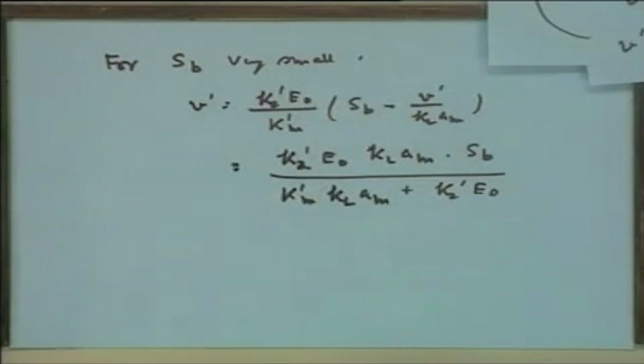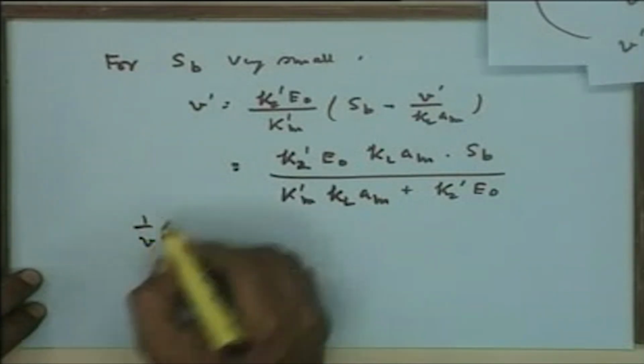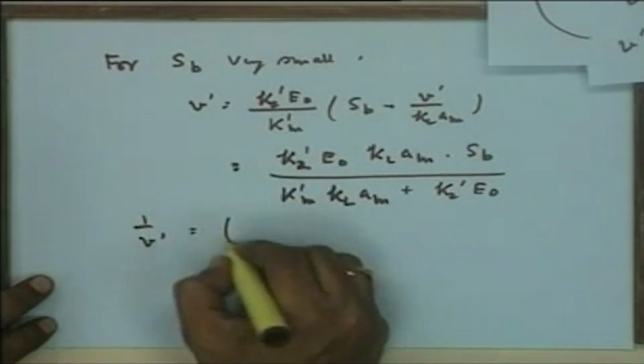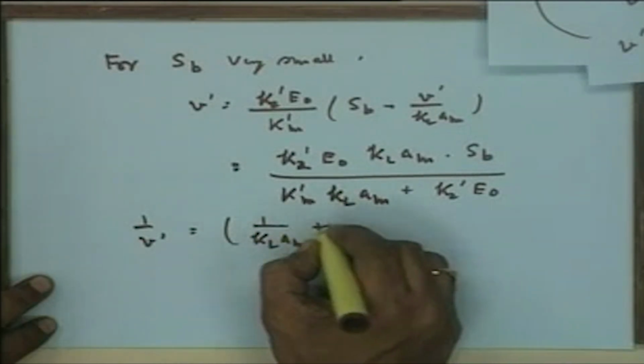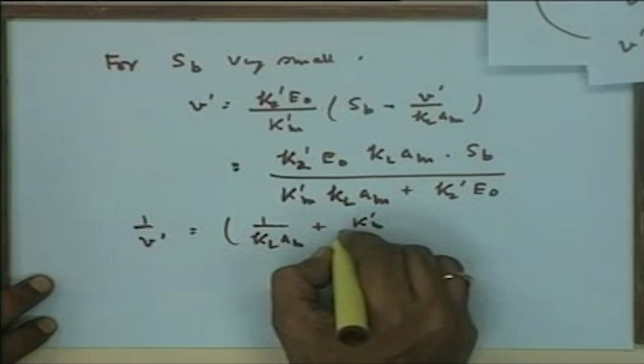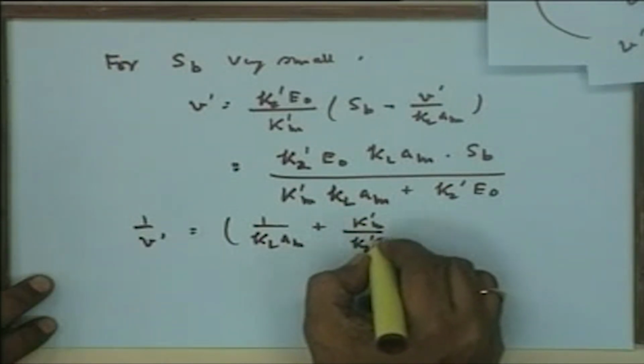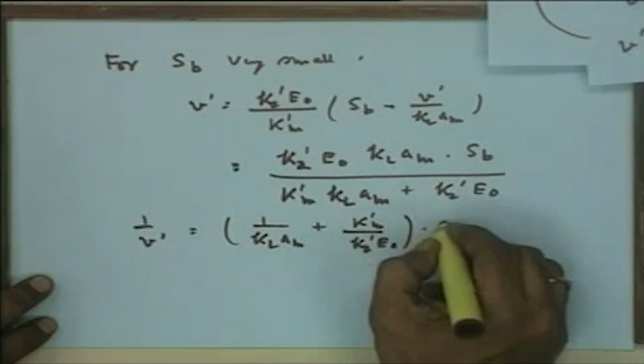You can simplify under small conditions, or 1 upon V dash for small SB will be equal to 1 upon KLAM plus K dash m upon K2 dash E naught into 1 upon SB.